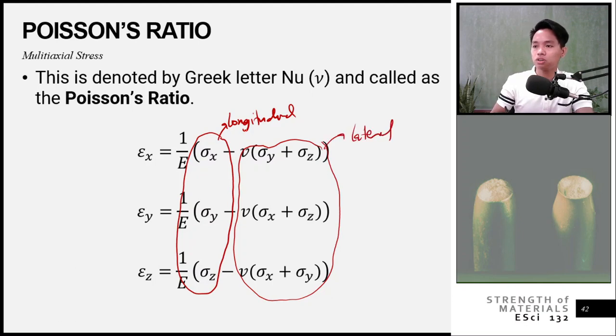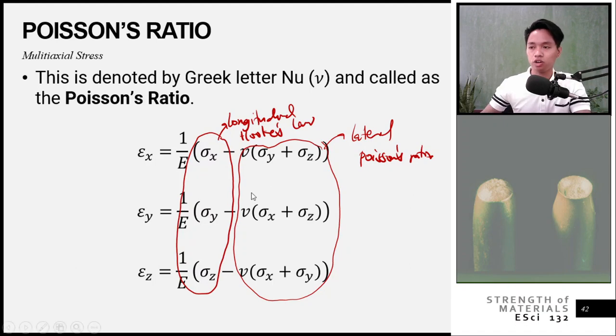Your longitudinal is based on Hooke's law, but for the lateral direction, what we apply is Poisson's ratio. That is why we always have Poisson's ratio beside them, because that is based on the derivation. So I hope that is clear.